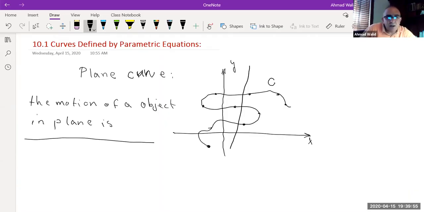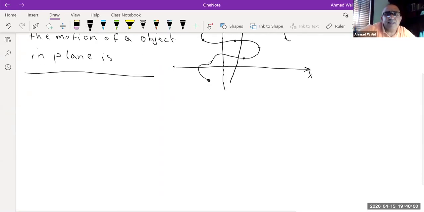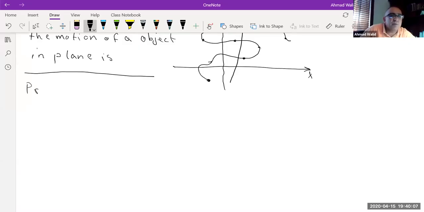Now, there are some problems that we cannot explain as a function of x to y or a function of y to x. What are those problems?